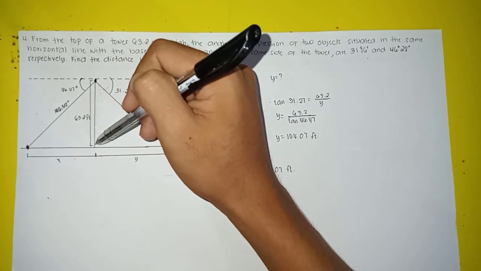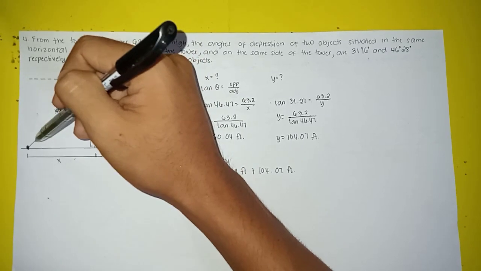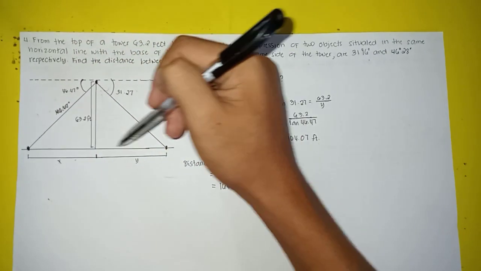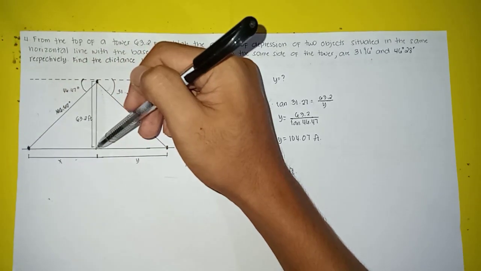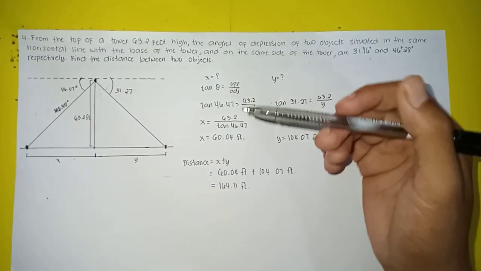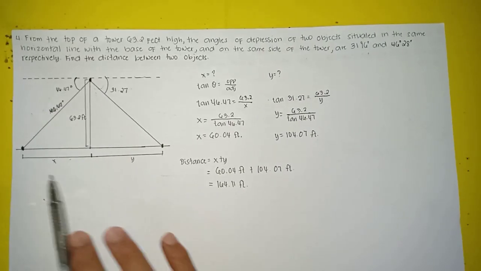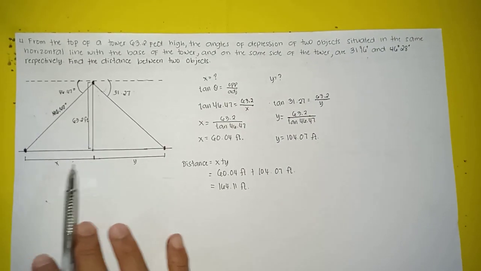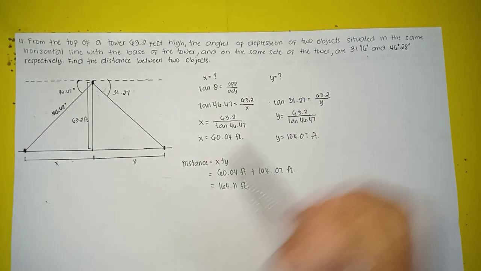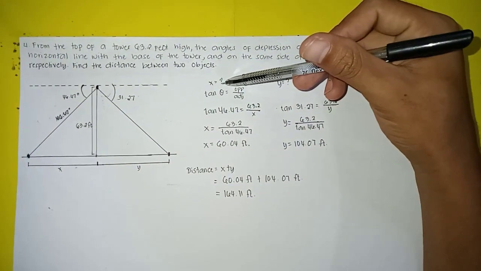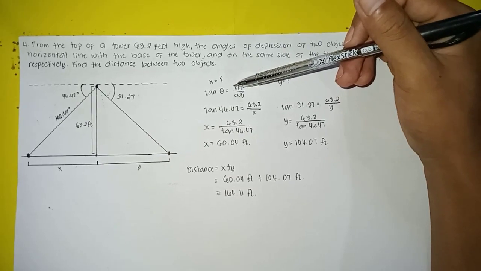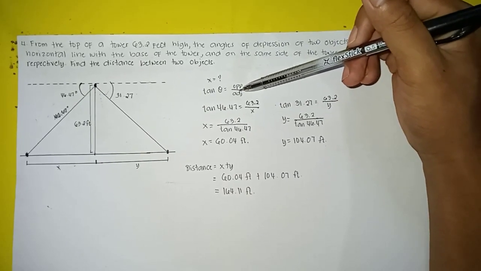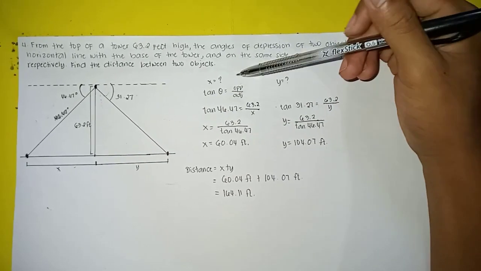First we need to find the distance of the first object from the center and the distance of the second object from the center. Then add it later to find the distance of the two objects from each other. So we will find x, so tan theta is opposite over adjacent. So this is our formula.